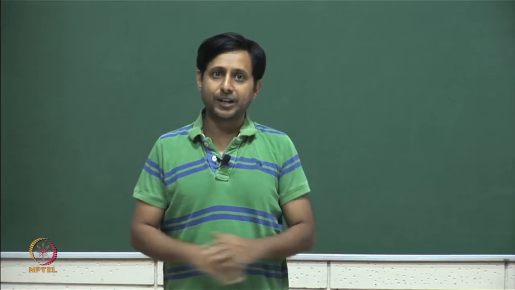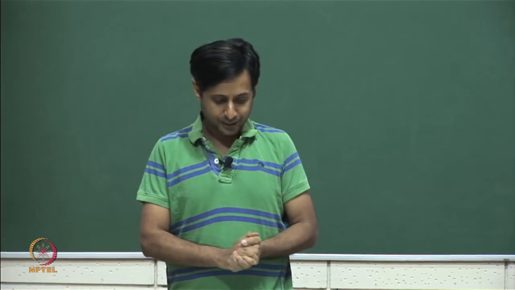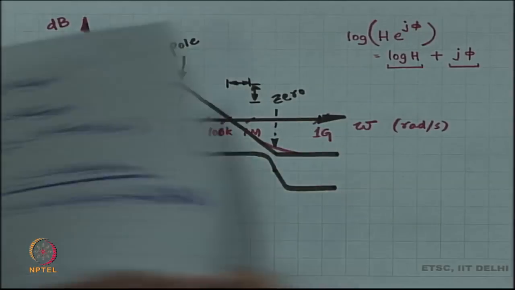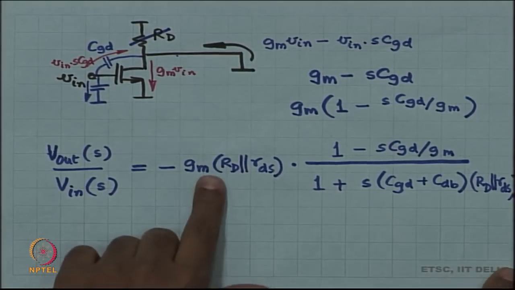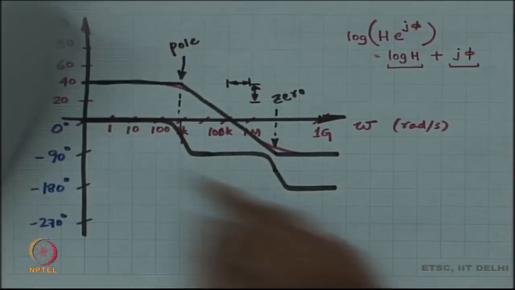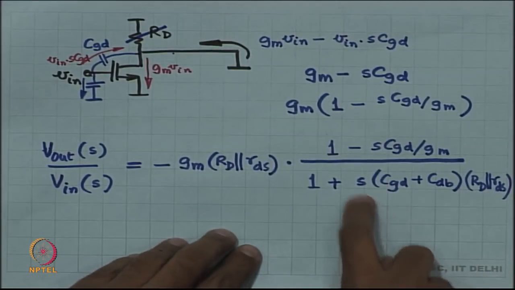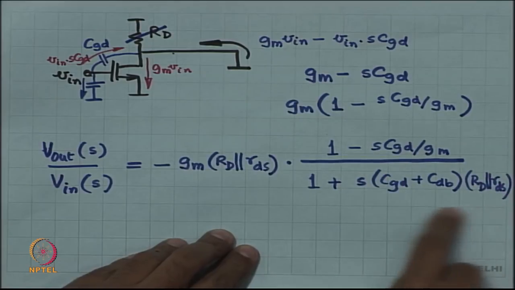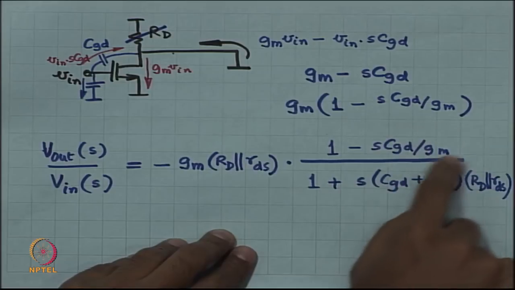The principle of drawing the Bode plot remains the same, whatever transfer function you are trying to plot. This 40 dB comes from the DC part, GM RD parallel RDS, that gives you this number. Then the pole frequency is 1 by the time constant, the 0 frequency is 1 by this time constant.